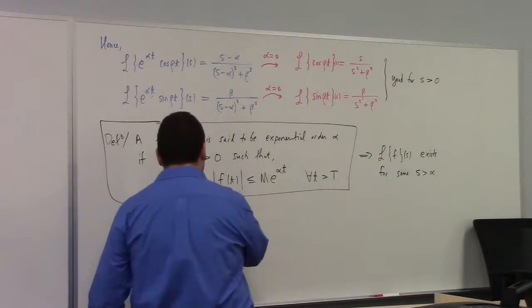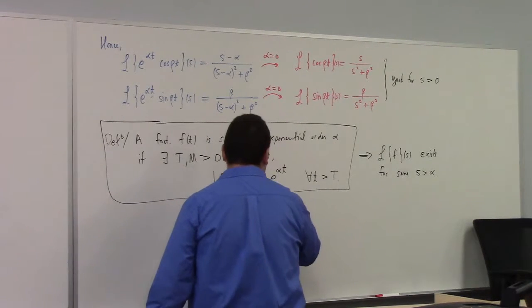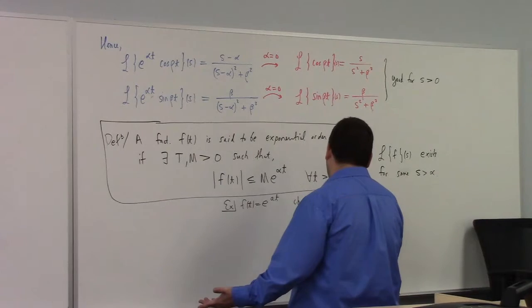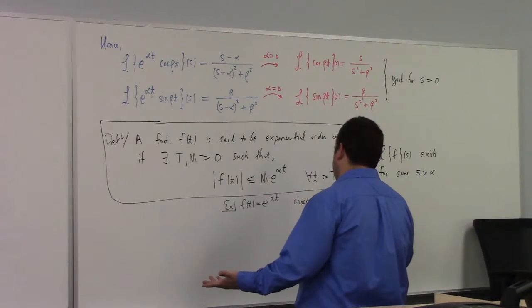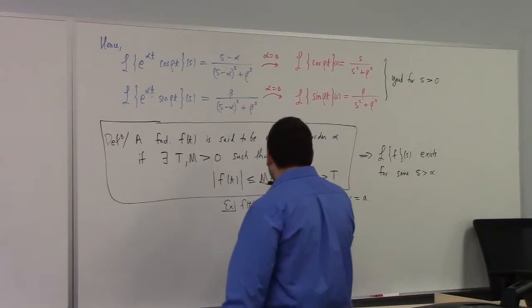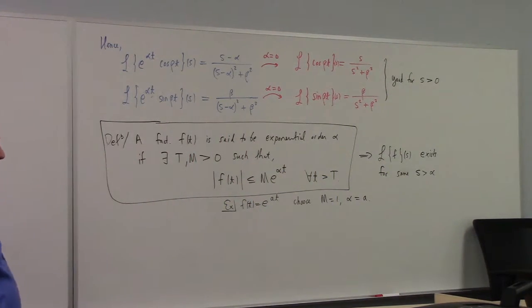For example, f of t equals e to the at. Just think about it. You can choose M equal to 1 and alpha equal to a. You could choose big T equal to 0 too, for what it's worth.